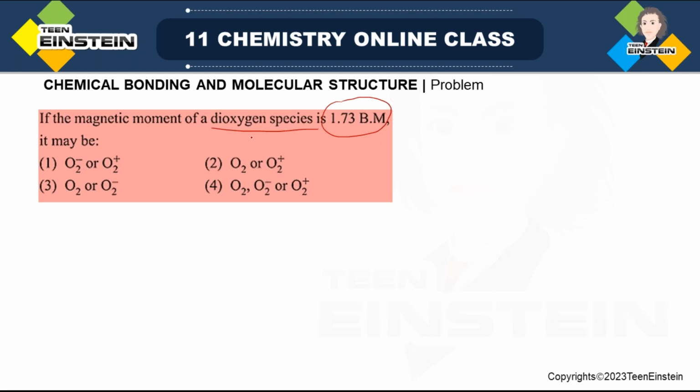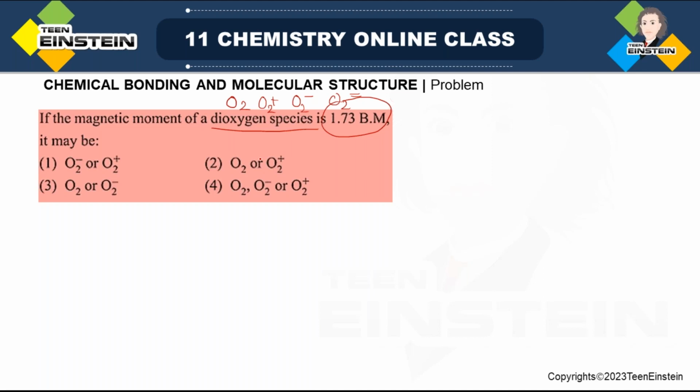Dioxygen species means 4 different types of dioxygen. Any species can be a dioxygen species. So just remember the problem that we have solved. The 4 species may be O2, O2 plus, O2 minus, or O2 2 minus. So all these are dioxygen species, and the magnetic moment is given.